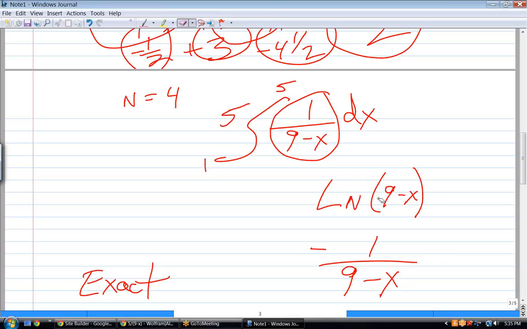So in order to get this to be the integral of this, I have to divide it by the derivative of whatever's inside. In other words, I'm really using u substitution with u being 9 minus x. I'm just not calling it that. So it's minus the natural log of 9 minus x.